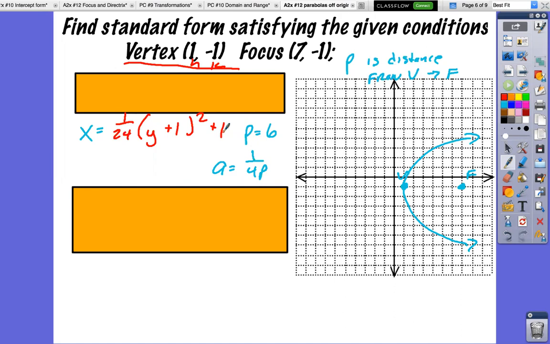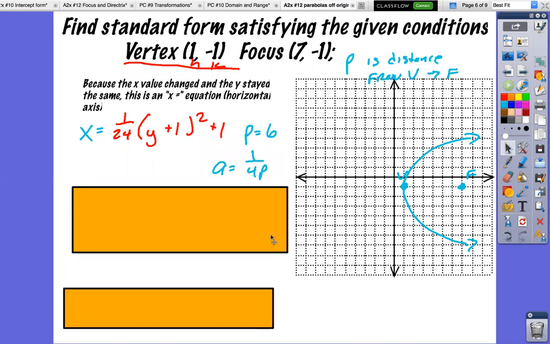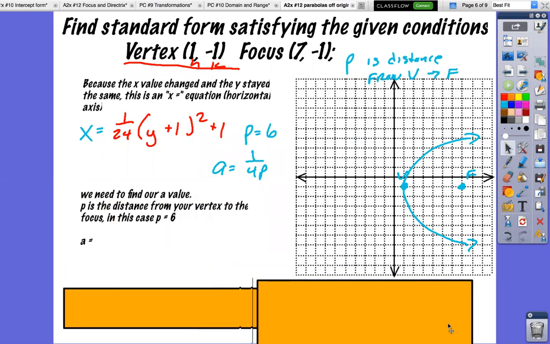Now it said standard form. I'm not going to make you multiply this all the way out. That's perfect. That's exactly what I want. You might want to read this: because the x value changed and the y stayed the same, it has to be an x equals equation.